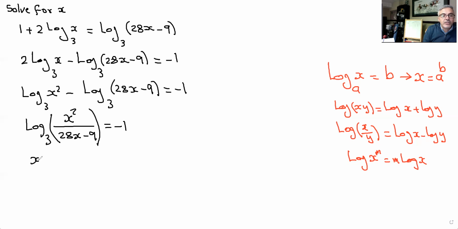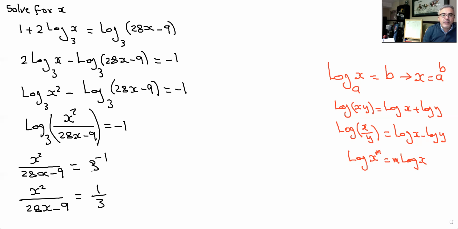So therefore, x squared over (28x minus 9) equals 3 to the power of negative 1, which gives me x squared over (28x minus 9) equals 1/3, because 3 to the negative 1 just becomes 1 over 3 to the power of 1.